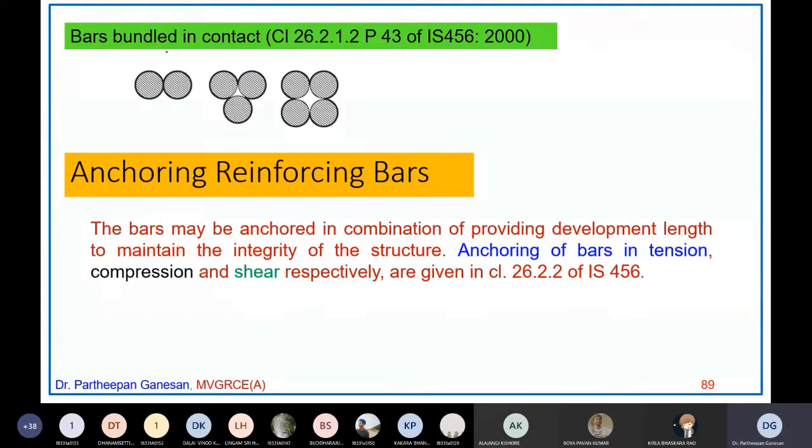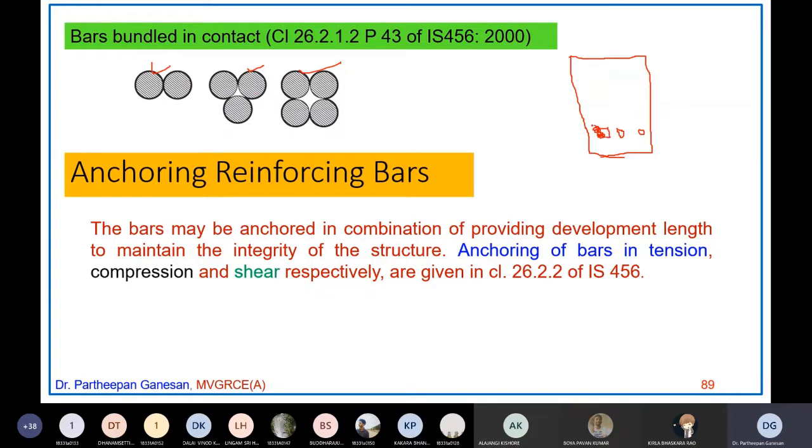Now, many times in a beam, instead of providing a single bar like this, in order to reduce the dimensions, you place bars in contact, either 2 bars, 3 bars or 4 bars at one corner.